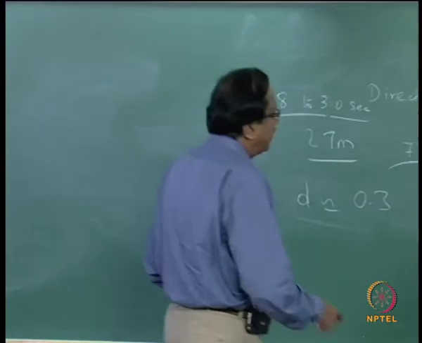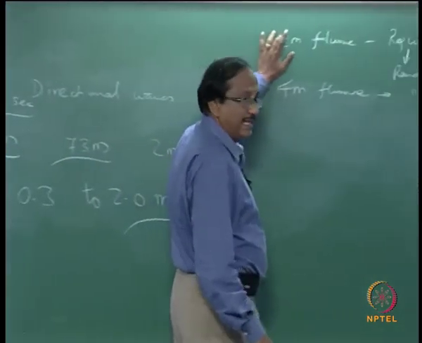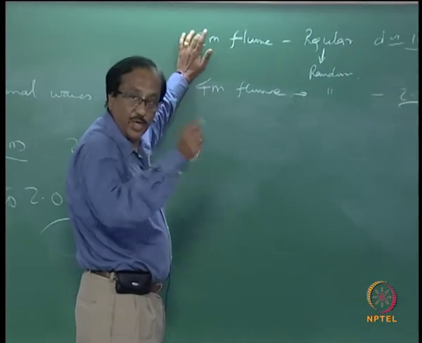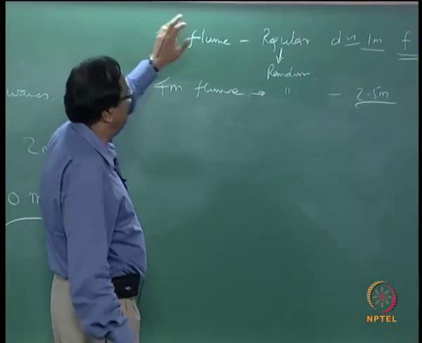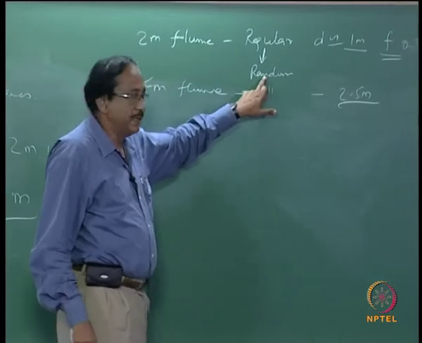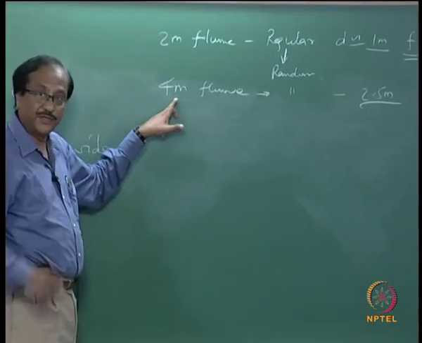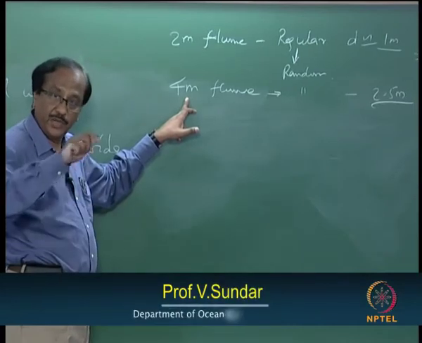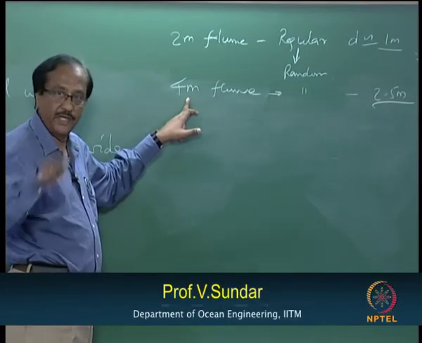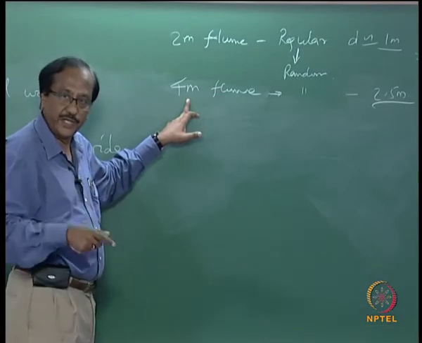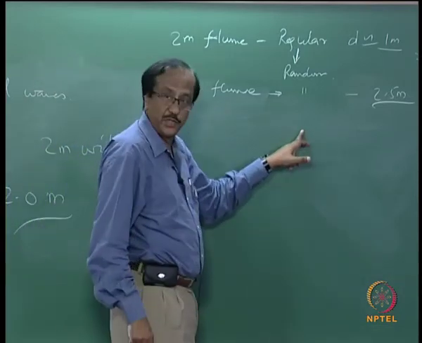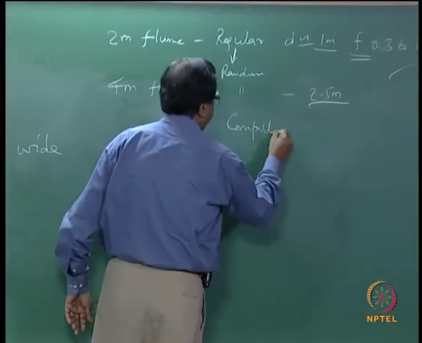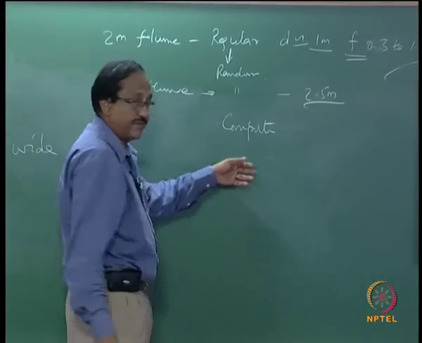So you see that initially we had a plunger which was not computer controlled, then it was switched over to computer controlled. Similarly the 4 meter flume also did not have a computer controlled wave maker, it was only a sinusoidal superposition function generator, and then it was switched over to the computer controlled wave maker.